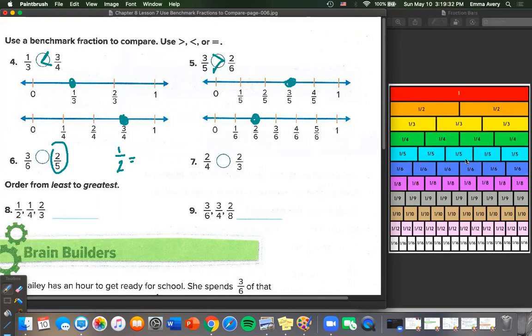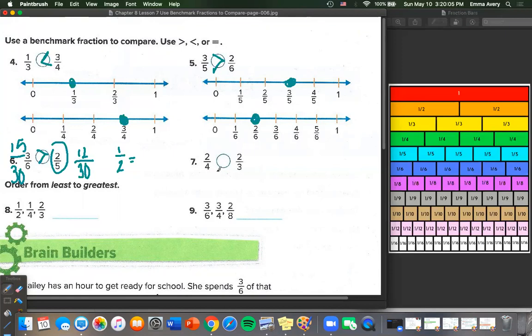So instead, we can look over at our chart and see that 2/5 and 3/6 are right here. 3/6 is greater than 2/5, or we could find our least common multiple, which would be 30. So this would end up being 12 over 30, and this would end up being 15 over 30.